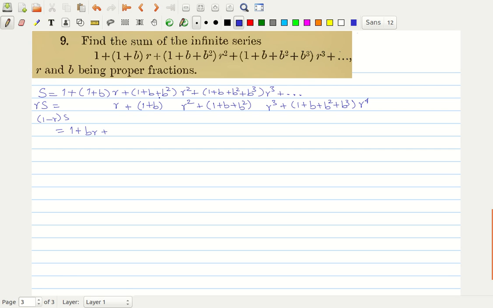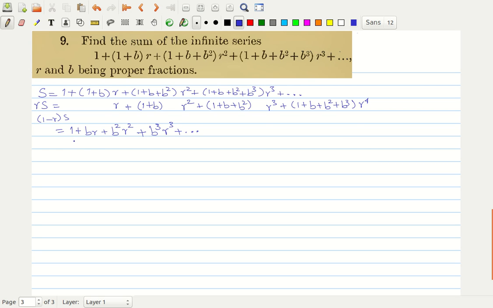So we can see that 1 plus b will cancel, and all you will be left with is b square r square, right? And the fourth term would be, 1 plus b square will cancel this 1 plus b square, because both are multiplied by r cube, and all you will be left with is b cube r cube, and so on.